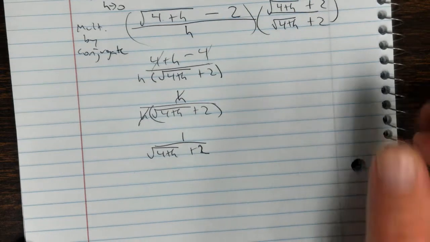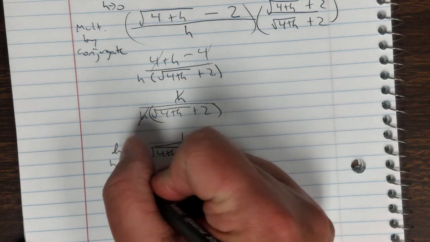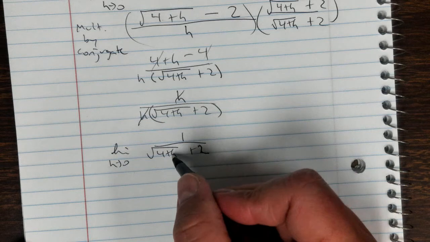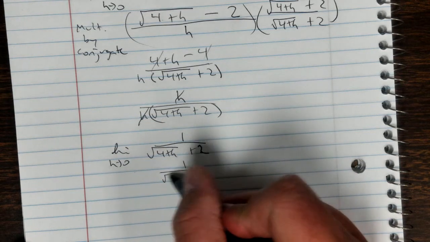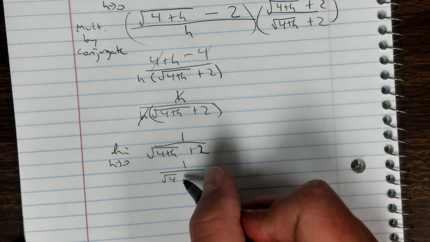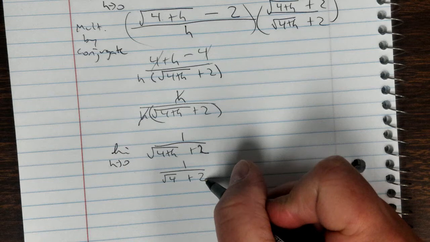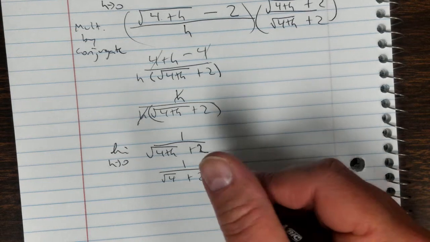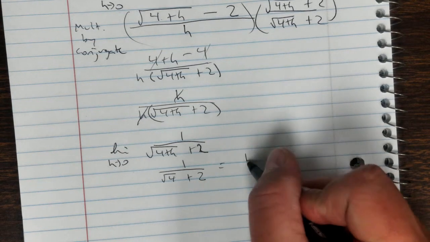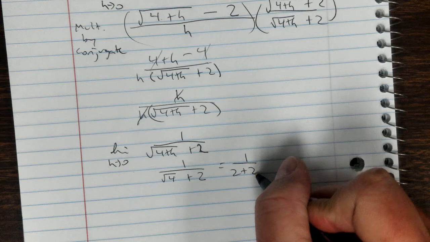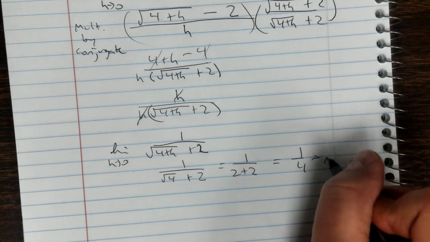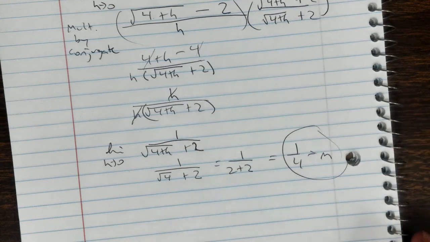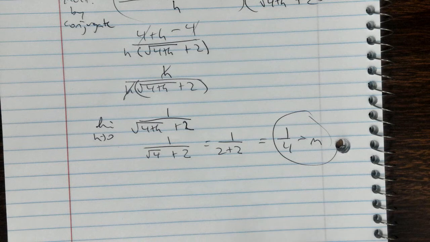And so this is where we do our limit as h approaches 0 of this, and so this would be 1 over square root of 4 plus 0 plus 2. So this is basically 1 over 2 plus 2, and so you get 1/4 for your slope. Your limit is your slope. And so it's really related to our previous lesson.